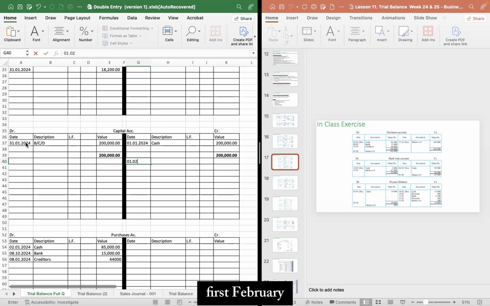On first February 2024, balance brought forward is 200,000.